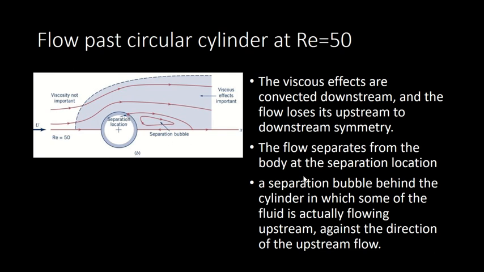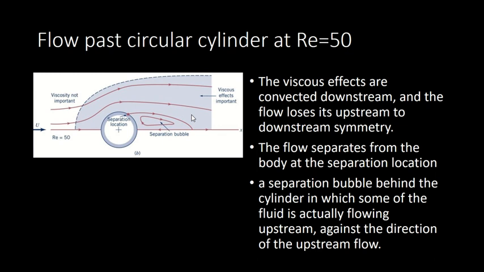Then there is a separation bubble behind the cylinder, in which some of the fluid is actually flowing upstream. Suppose the flow is flowing downstream, but due to the separation, the flow is now flowing upstream, against the direction of the uniform upstream flow. So this is for Reynolds number 50.